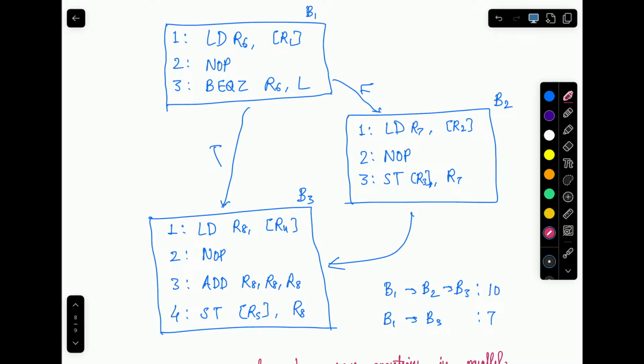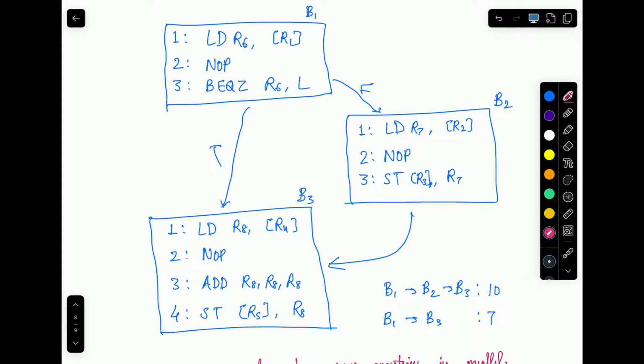Then in the no-op we get the last of B3. Actually, you have to wait for this load to happen here, so you can't schedule this one. So in this no-op, the last of B4. So how many? 6, and then this one 7, right? If we counted rightly, I think you might be able to come up with 7 or 8.